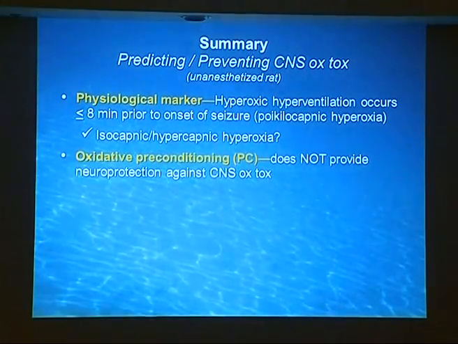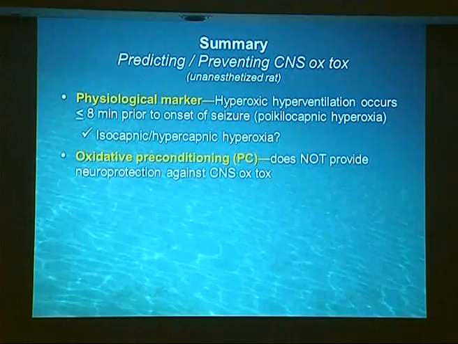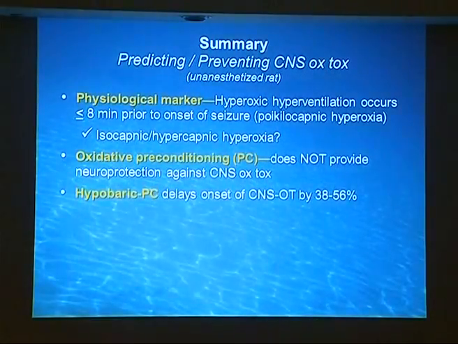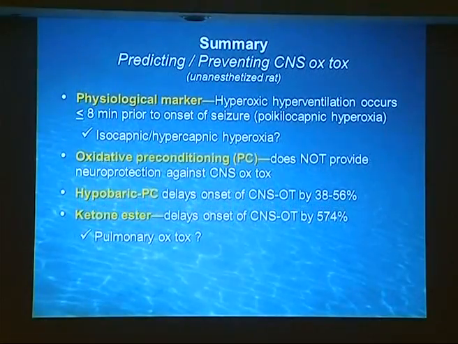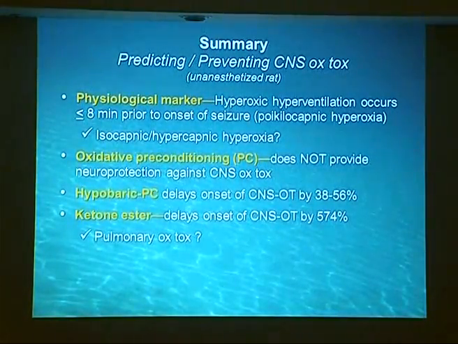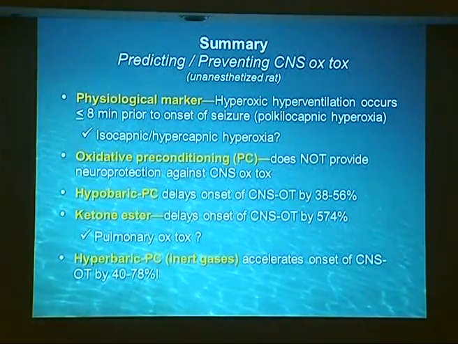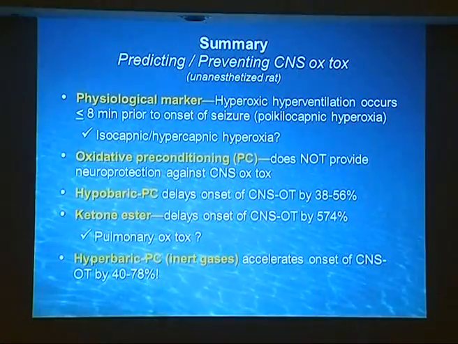Oxidative preconditioning in our hands does not provide neuroprotection, but hypobaric preconditioning does, delays it by 38 to 56%, ketone esters by over 500%, but actually we have to worry about pulmonary oxygen toxicity now. The oxygen exposures are so long, we start to see evidence of breathing problems. So, on the other end of the continuum here, hyperbaric preconditioning is definitely going to accelerate the risk for oxygen toxicity.